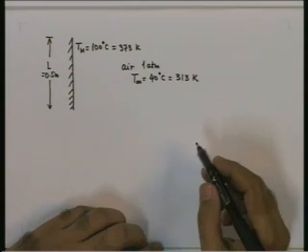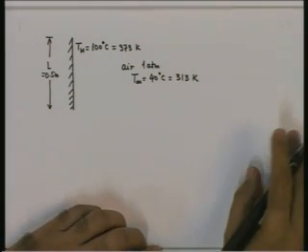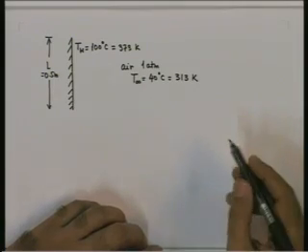The first thing we have to do is to read off properties at the mean film temperature.